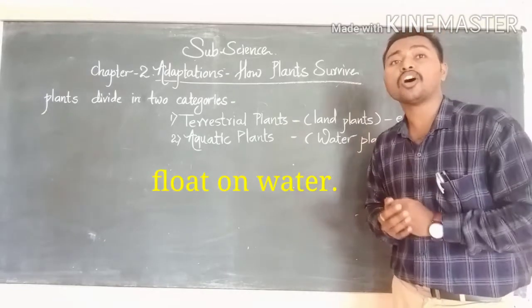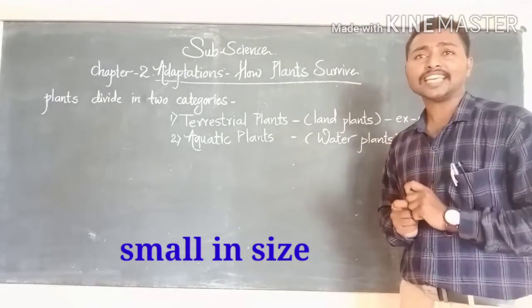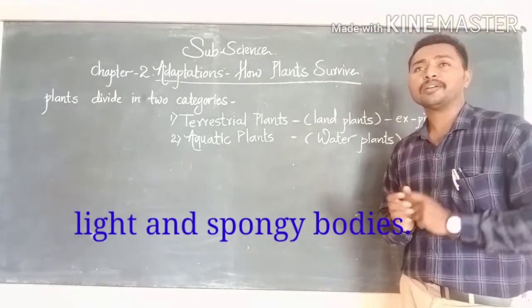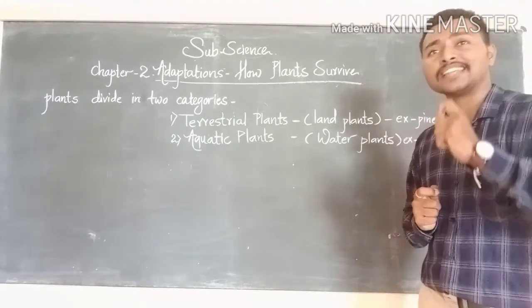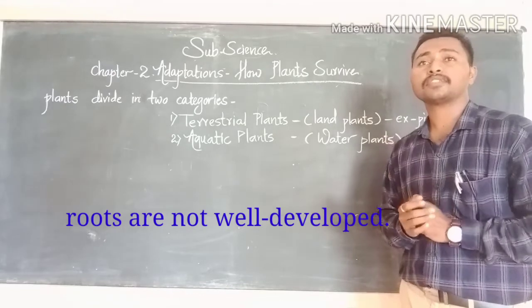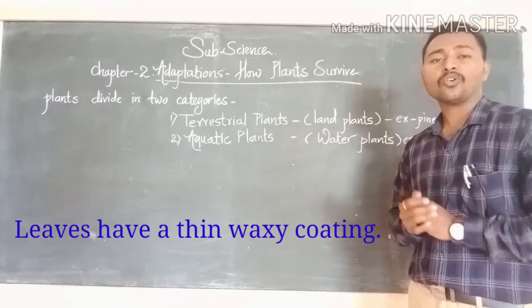The adaptations of floating plants: some plants are small in size. Some plants have light and spongy bodies. Stems are reduced and roots are not well developed. Leaves have a thin waxy coating.